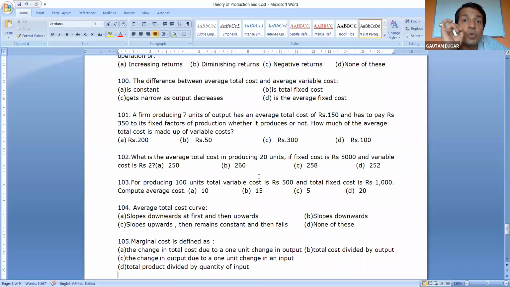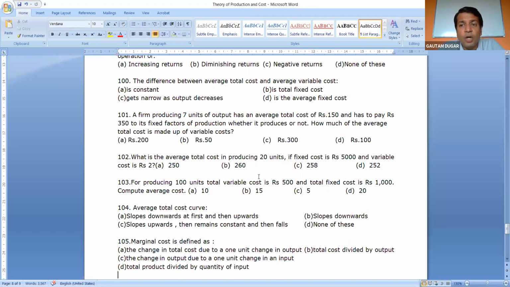Out of that 1050, the firm has to pay 350 to the fixed factor of production. The total cost is 1050 minus the fixed cost 350. You get the total variable cost 700. Total variable cost will be 700. Is that clear or not?